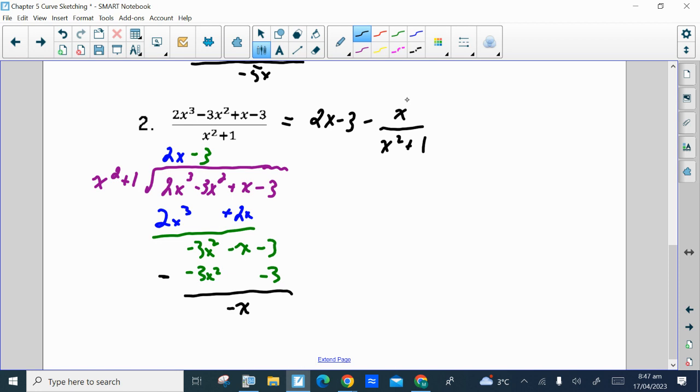So the value of this will approach 0 as x gets bigger and bigger, and the function will approach 2x minus 3. So that is the equation of our slant asymptote. y equals 2x minus 3 is the equation of the slant asymptote.